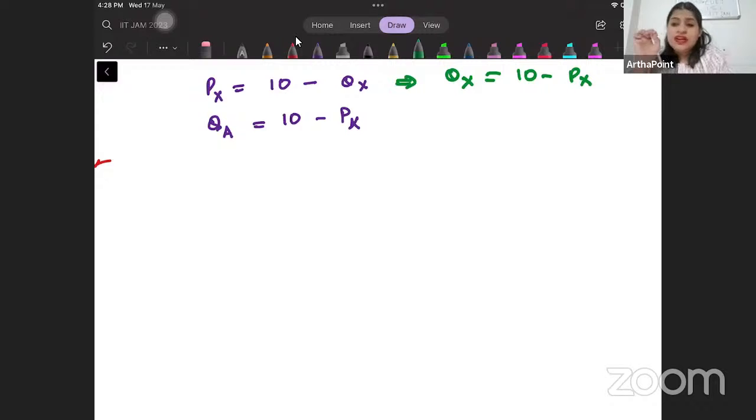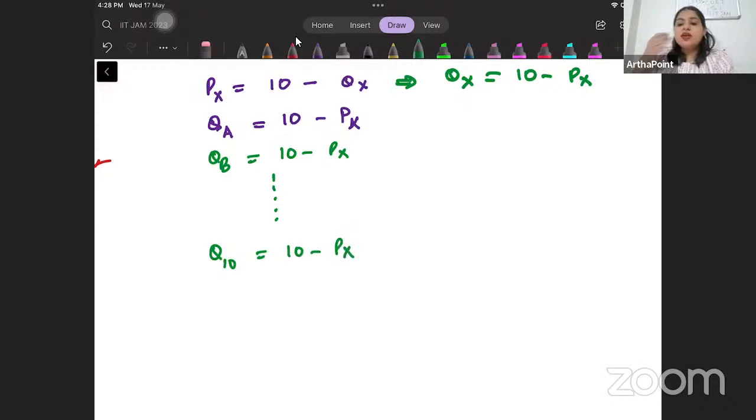So individual A की demand हो जाएगी 10 minus Px. ऐसे ही individual B has the similar demand 10 minus Px and so on. Till whatever 10th individual I have, he also has 10 minus Px. But I told you, you have to do a horizontal summation. सारे prices को horizontally sum up करना है.